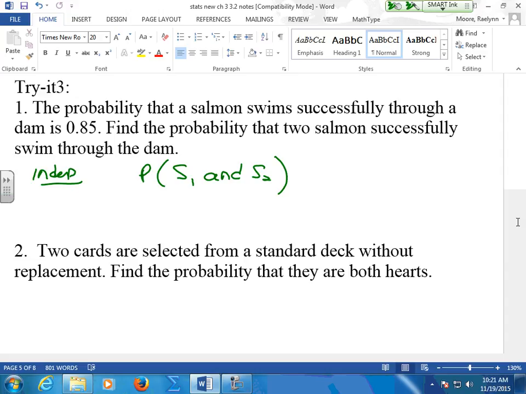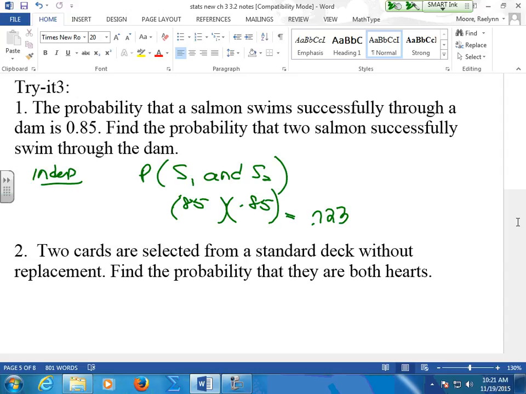It's hard. So the probability that one successful salmon gets through and another salmon gets through, you're just going to multiply these guys. And if you multiply them, the number should be a good sized number. Okay? So the probability is a little stronger that two of them will be successful because you have a good success rate for one to happen.